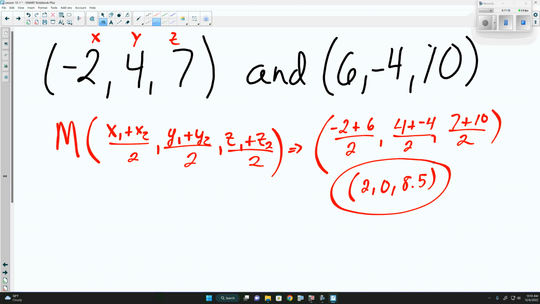So it's almost the exact same thing as what we just did. We just added one more variable.